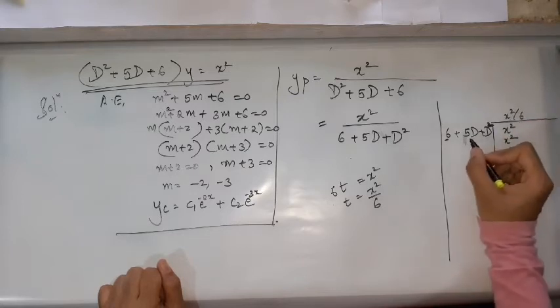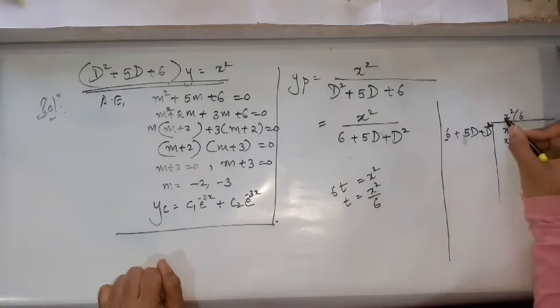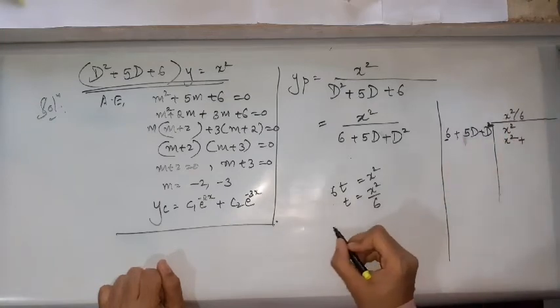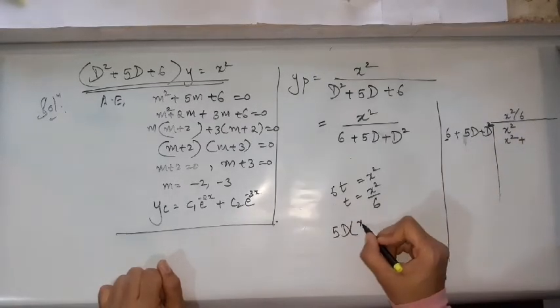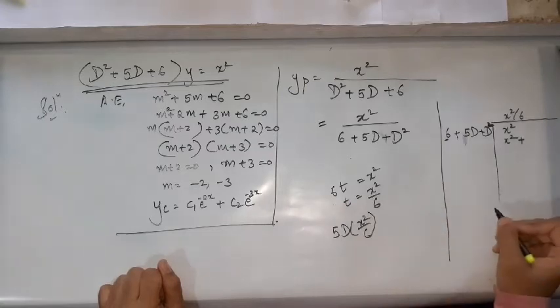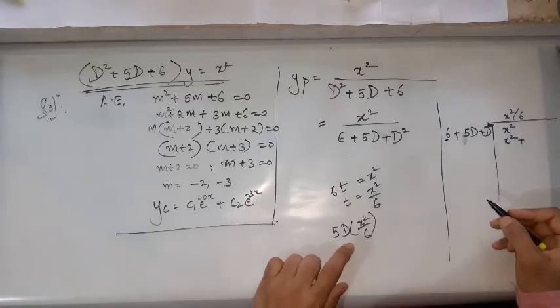Now you have to multiply this 5d to this. Now see here, here it is plus sign, here also it is plus. Plus of plus becomes plus 5 times d of x square by 6. Is it clear to you? Now what is d? d is derivative, d by dx.